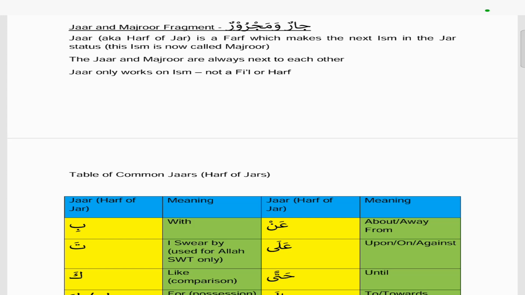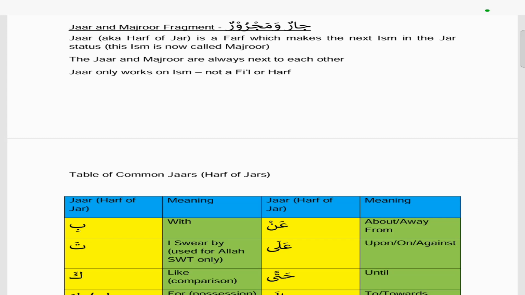So the jar is a harf, and it will make the ism that comes after it into the jar status, and that ism is called the majroor. The jar and the majroor together are the jar and majroor fragment. And the jar and the majroor are always next to each other, meaning there can never be a gap between a jar and a majroor.